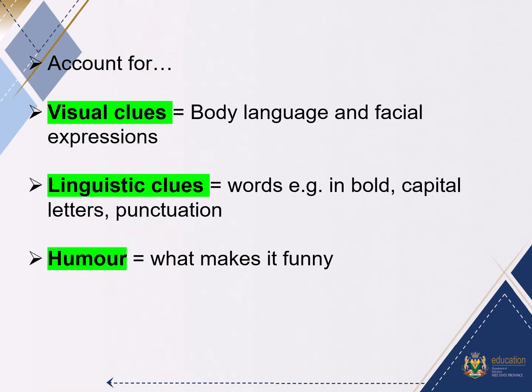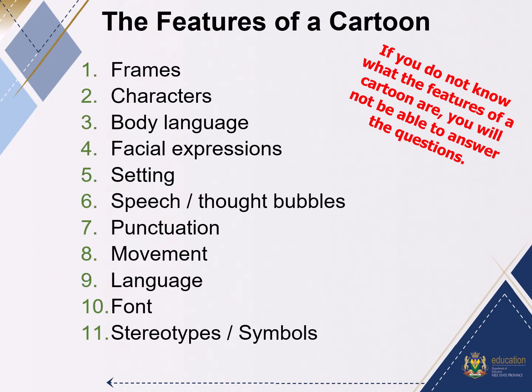And very often the humor, that is what makes this cartoon funny, is where you have a contradiction or a difference between the visual clues and the verbal or linguistic clues, and that can create the humor. Other times, as in one of the examples I have, it's going to be about the clues that you get from prior knowledge.